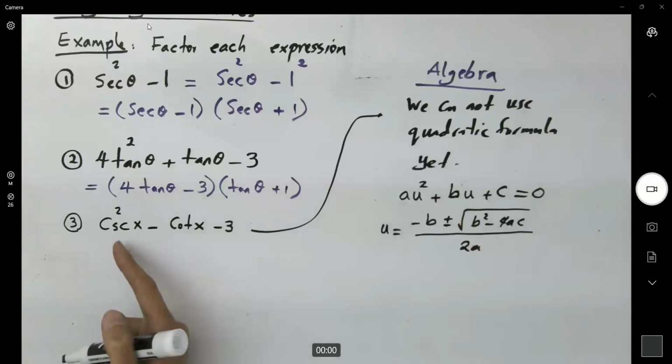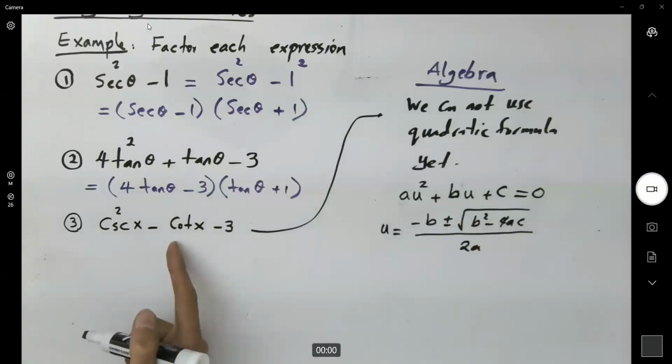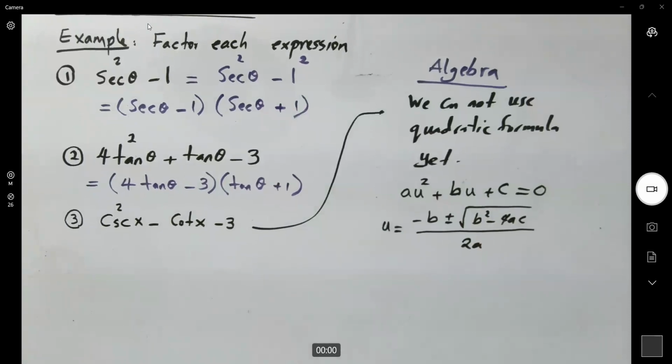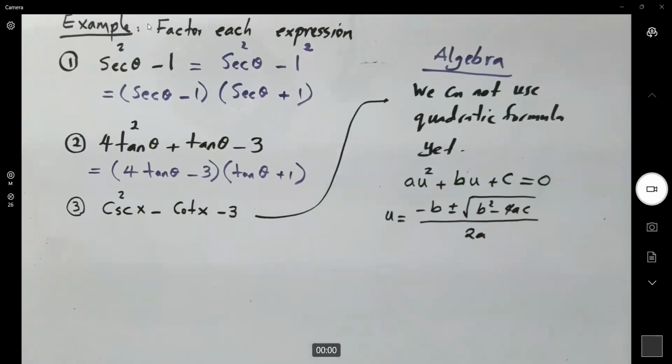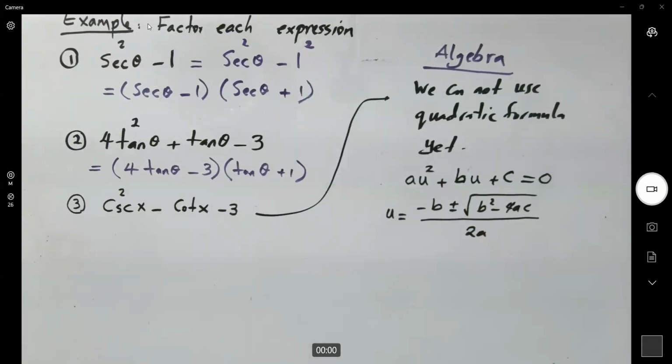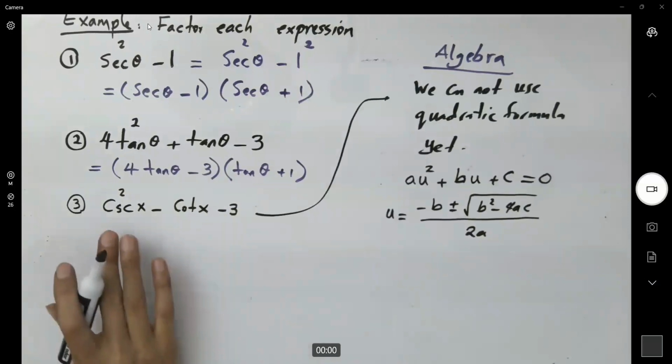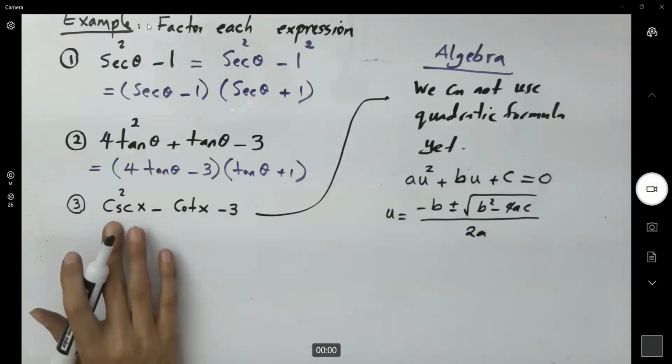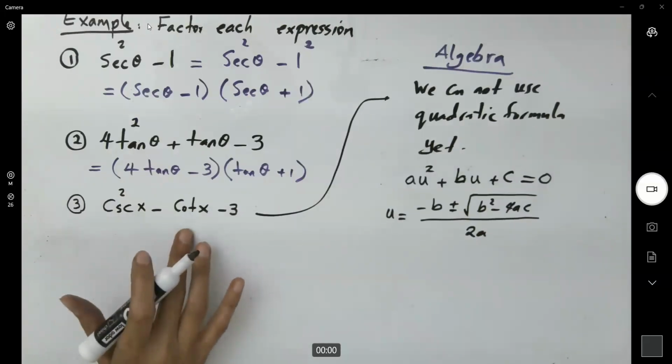So take a look at this. You have cosecant squared minus cotangent. Cosecant and cotangent are different from each other, so we cannot use the quadratic formula yet. So what's the remedy for that? You need to convert cosecant somehow into cotangent.